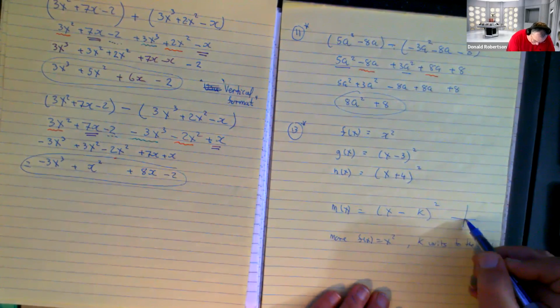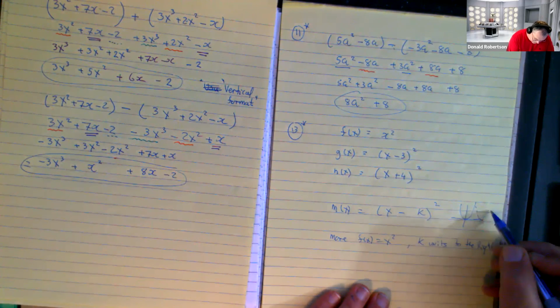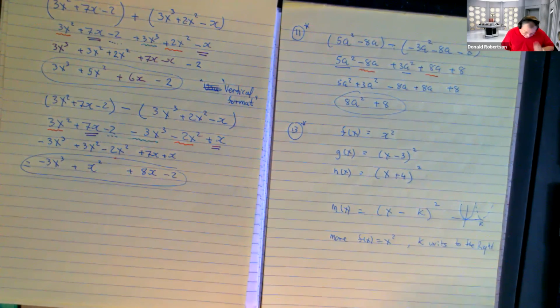So you can imagine that was x squared. Over here, at that point there, k would be x minus k squared.